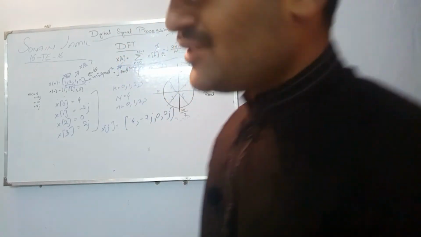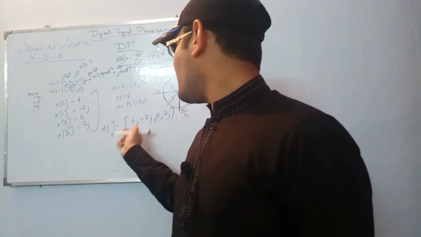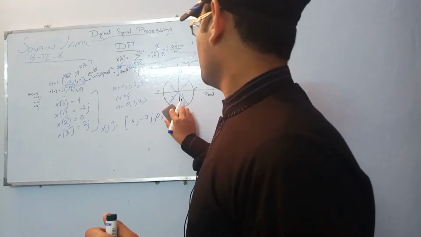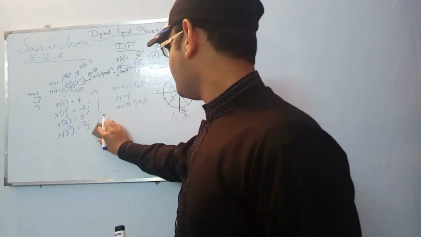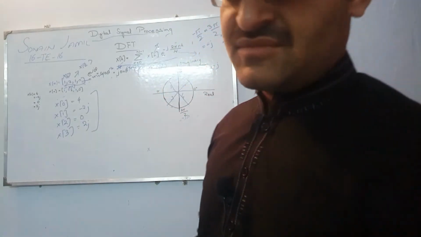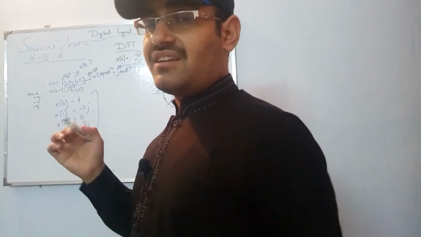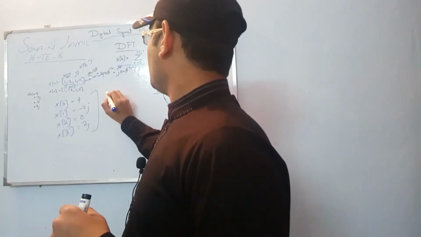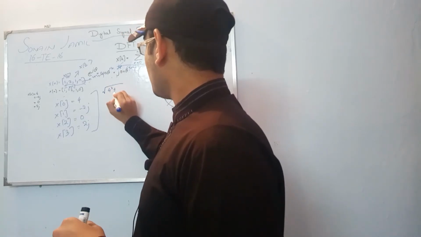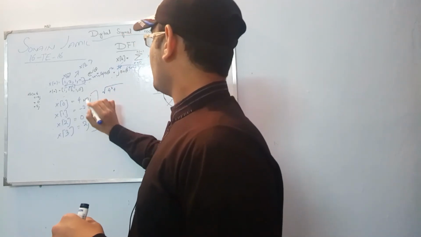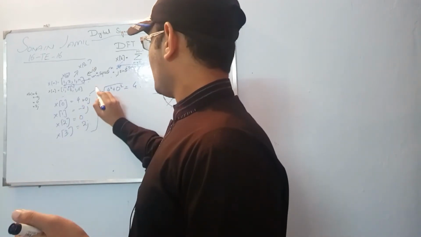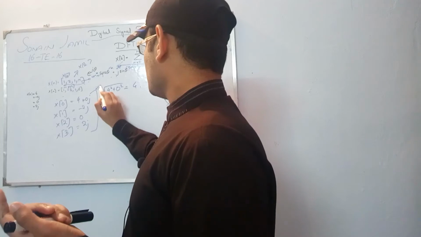So if we want to see how this signal looks in the frequency domain, we have to find the magnitude of this signal. So how can we calculate the magnitude? Just real part squared plus imaginary part squared. It is 4 for x of 0.